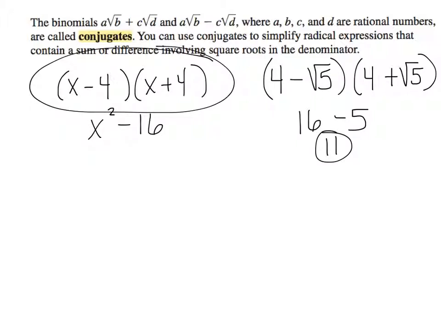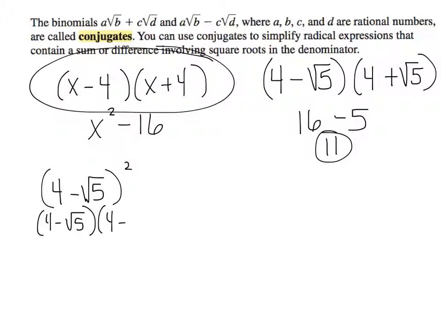There's my answer. But if I gave you this, 4 minus root 5 squared, that'd be 4 minus root 5 multiplied by 4 minus root 5. You'd have to FOIL. 4 times 4 is 16. 4 times negative root 5 is negative 4 root 5.